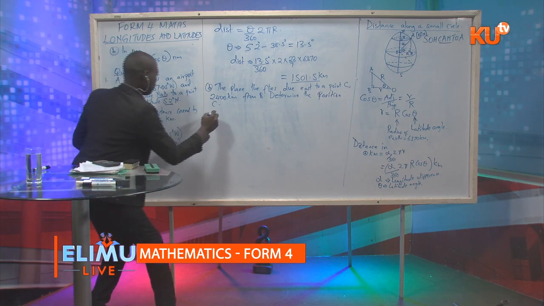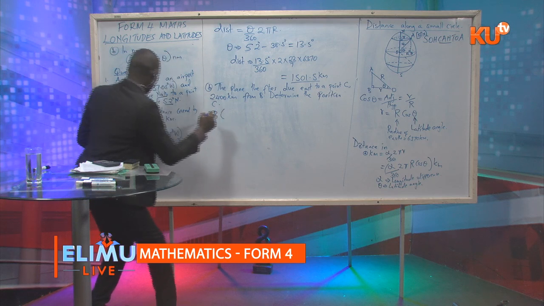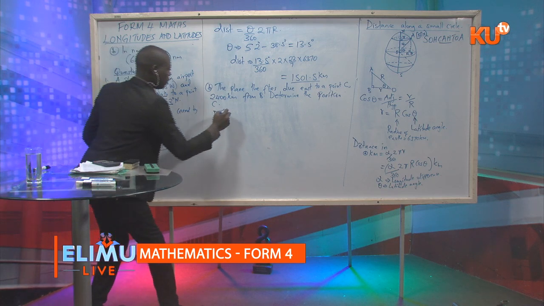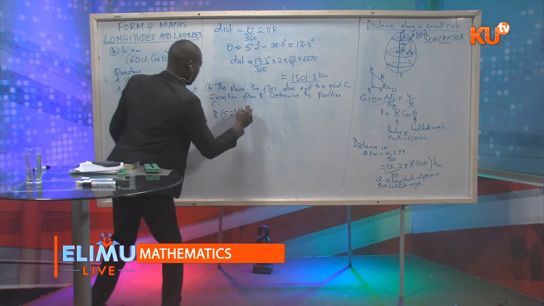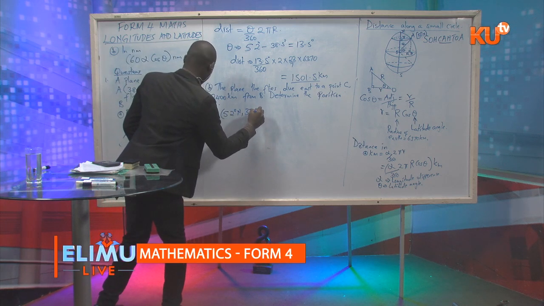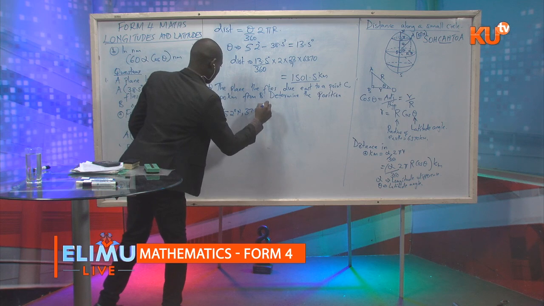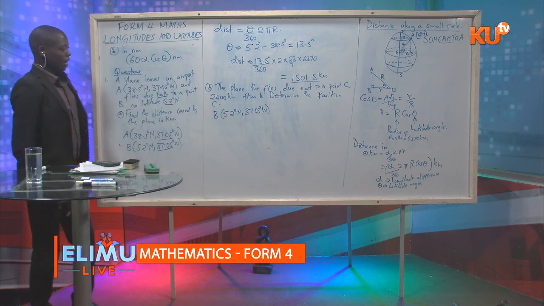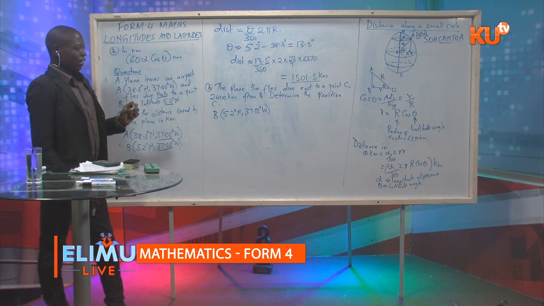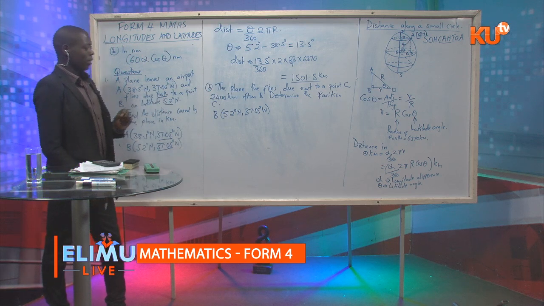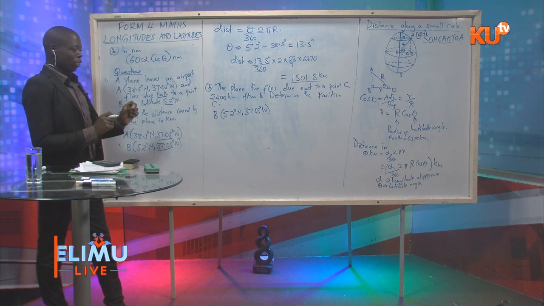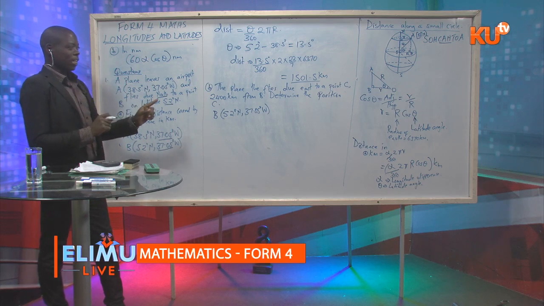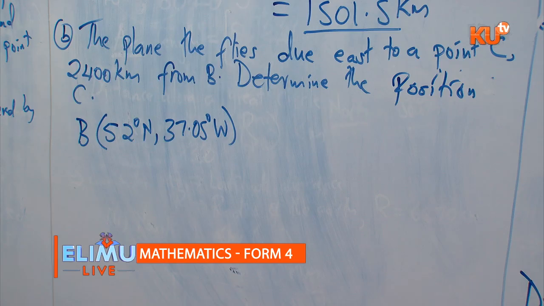So we will identify our B. The position of B is 52 degrees north and 37.05 degrees west. Now the plane is flying due east to another point. So it is definitely going to retain the latitude angle, and we are changing now the longitude angle.